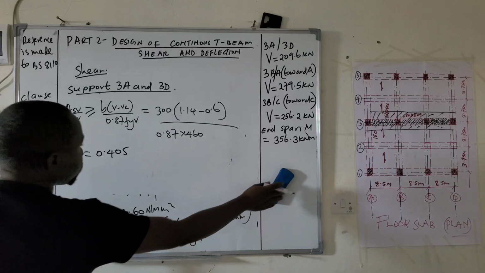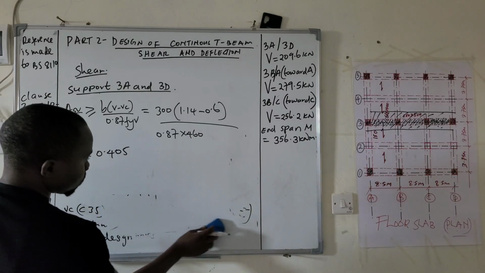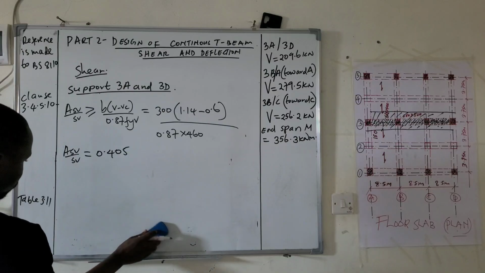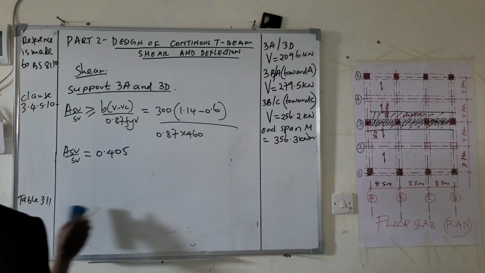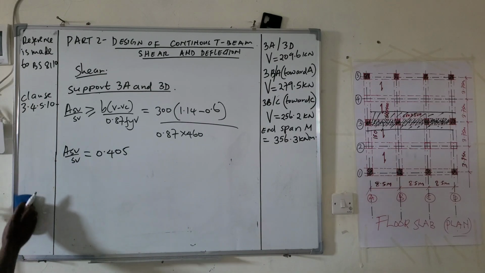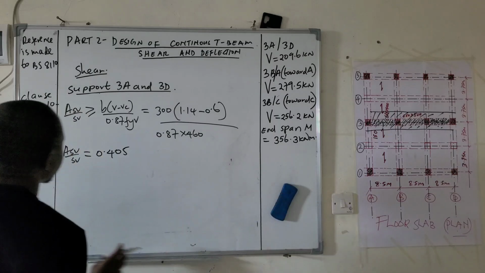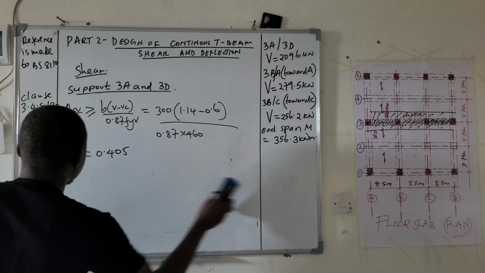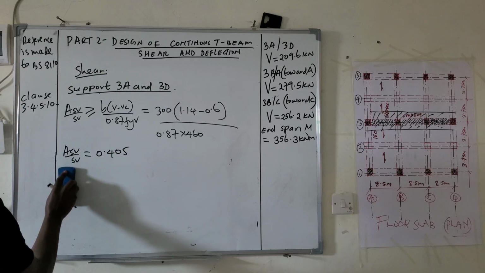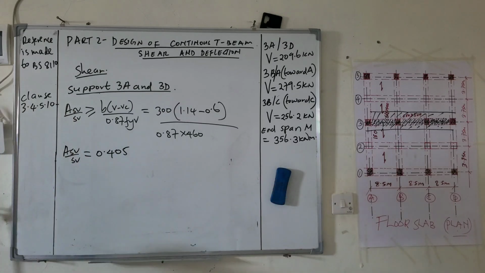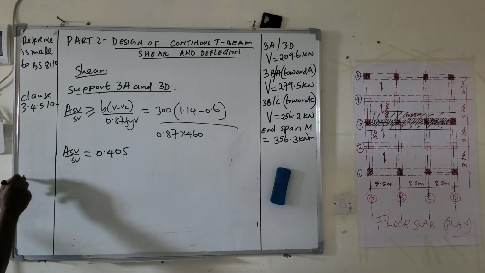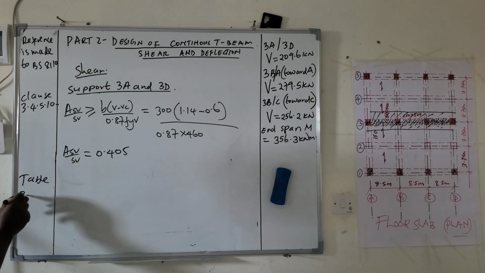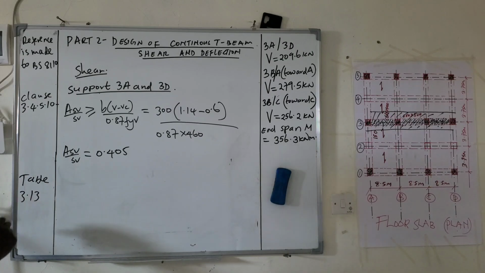So from the table, now from table, this one should be on this column. This is table 3.13.